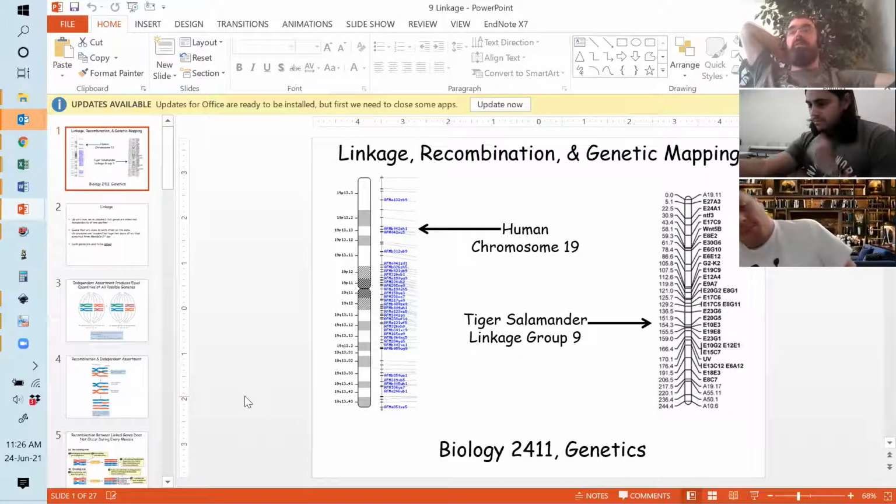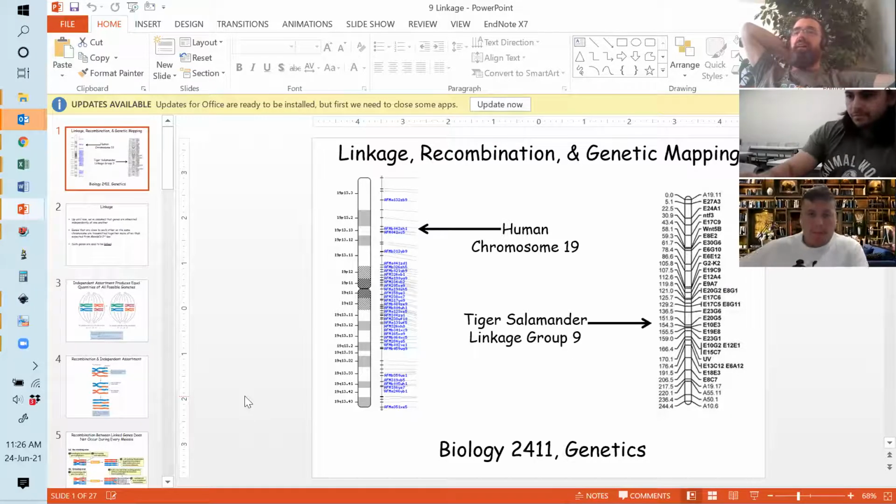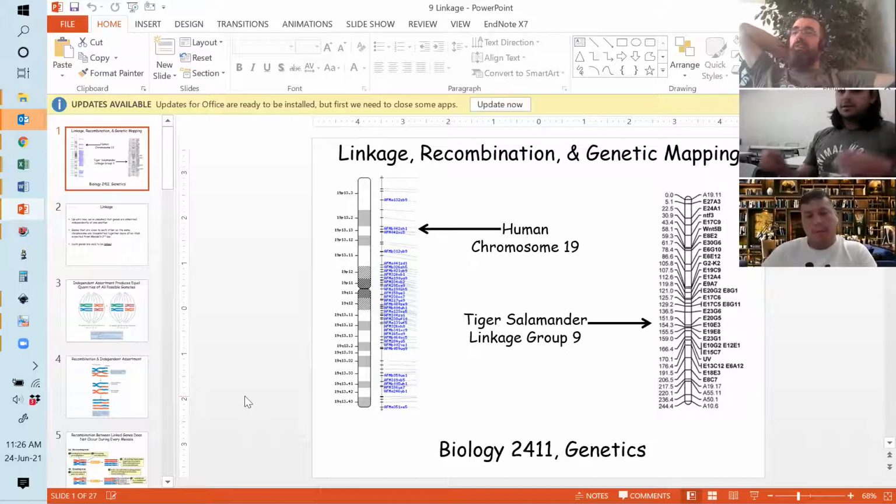Okay, so now we get on to linkage, right? For those of you who are good at math, this is a walk in the park. For those of you that aren't, like me, it's a real mind bender.